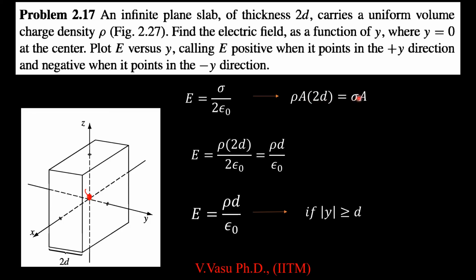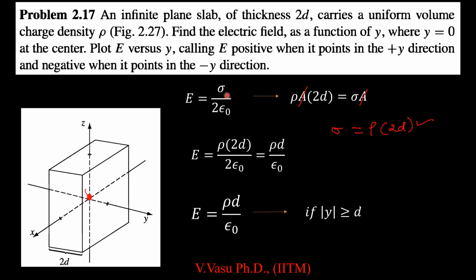Then total charge using surface charge density is sigma A. And now this A will get cancelled. So here you can write sigma as rho multiplied by 2d.